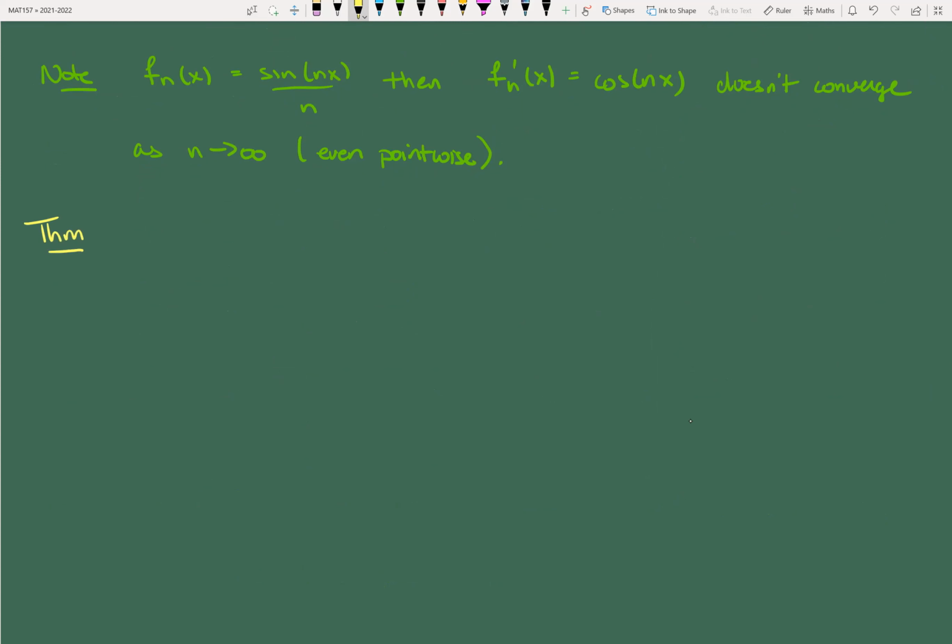Theorem: every Cauchy sequence is convergent, and that's just Cauchy sequences of real numbers, right? So if a_n is a sequence of real numbers, not of functions, then a_n is Cauchy if and only if it is convergent.